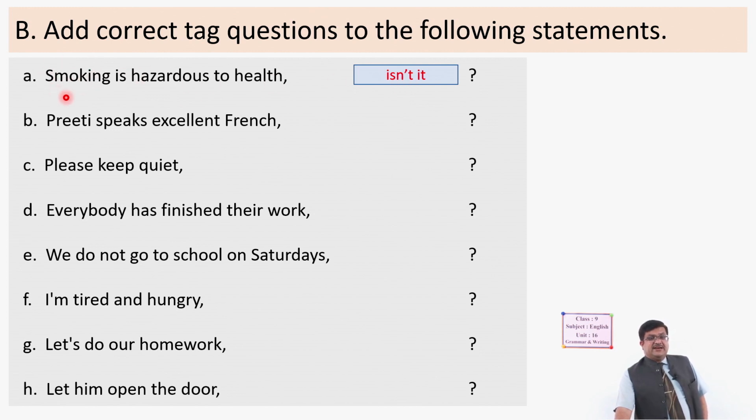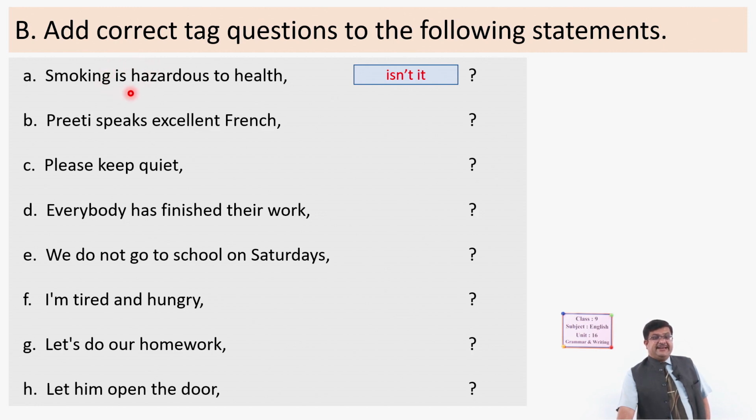Now we need to be much more conscious about the use of pronouns as well. So when the sentence begins with a gerund, the ing form of the verb, it takes it as a pronoun in the form of tag, so that we use isn't it.